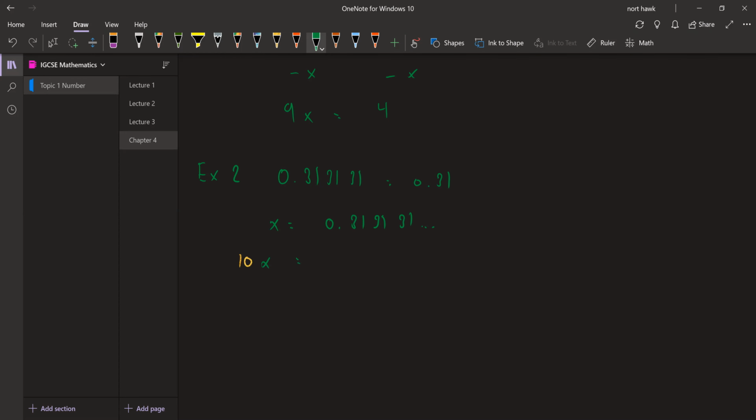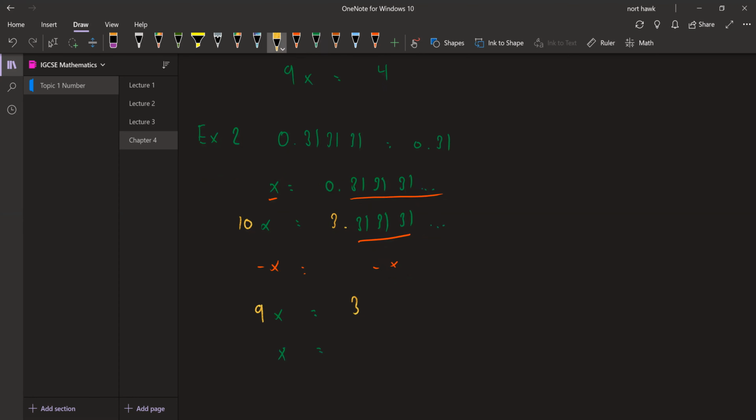10x is equal to 3.13131 repeating. And then I could subtract x from both sides, and this would become 3, and the other side will become 9x, and x is equal to... oops, sorry, I made a mistake here.